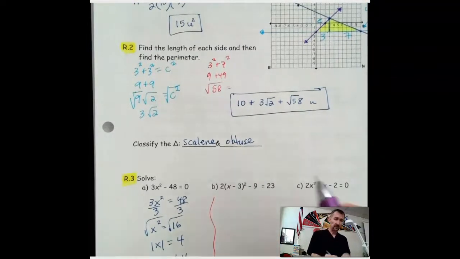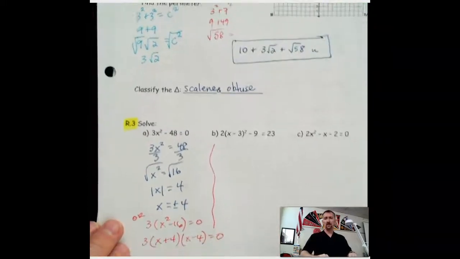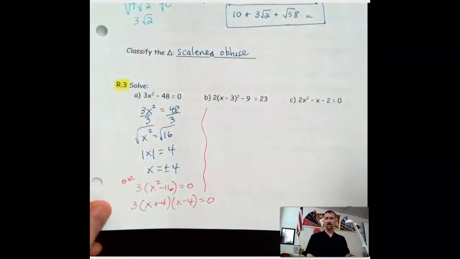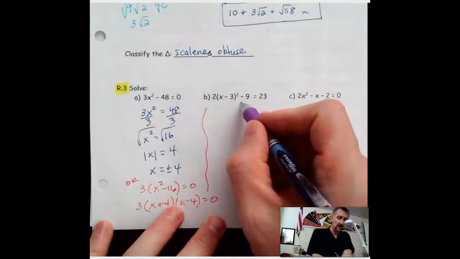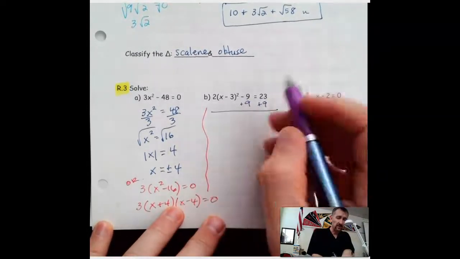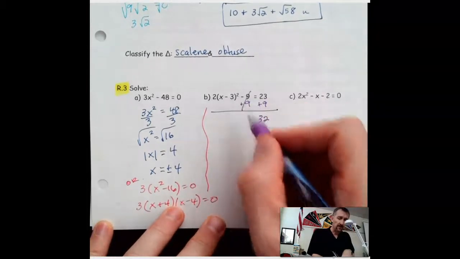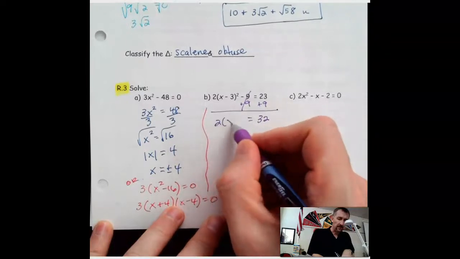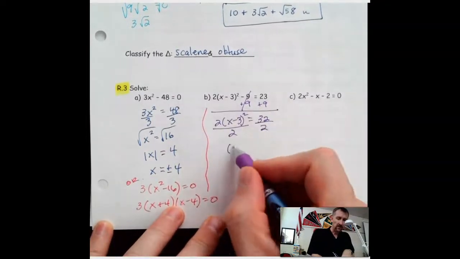Okay. Now we had one like this before. So I hope you guys have an idea of how to do this. So hopefully you can pause it and do this whole thing yourself. 32, divide by 2.